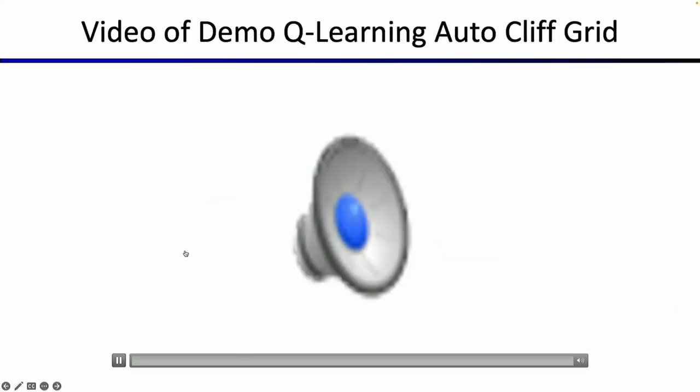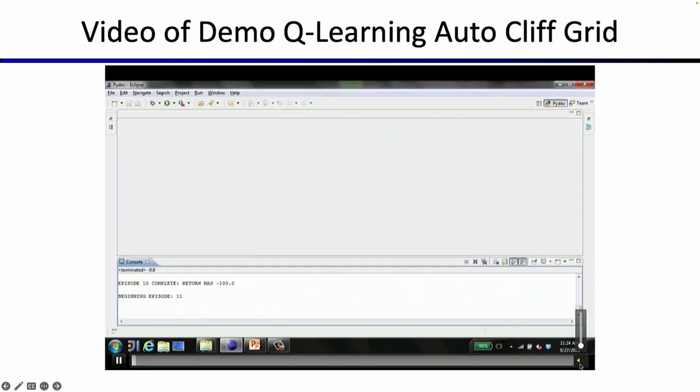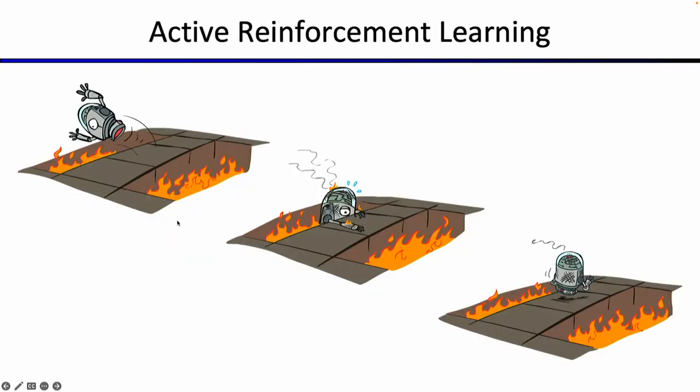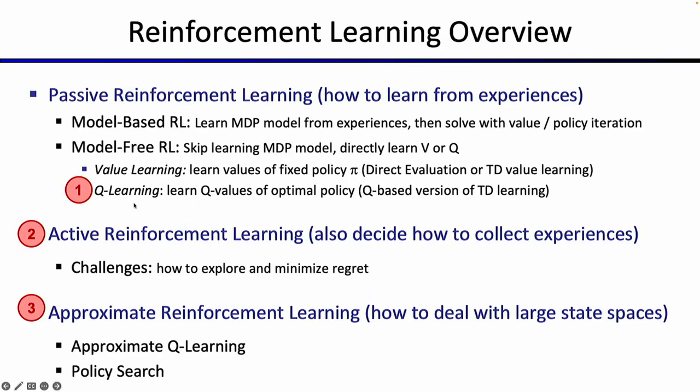And I should say, this is one example of how we could use Q-learning to now automatically select actions. So this brings us to active reinforcement learning.